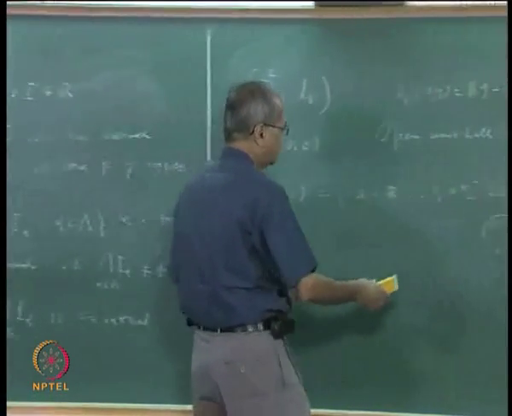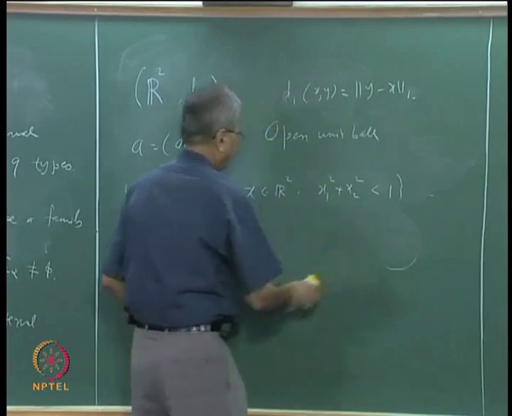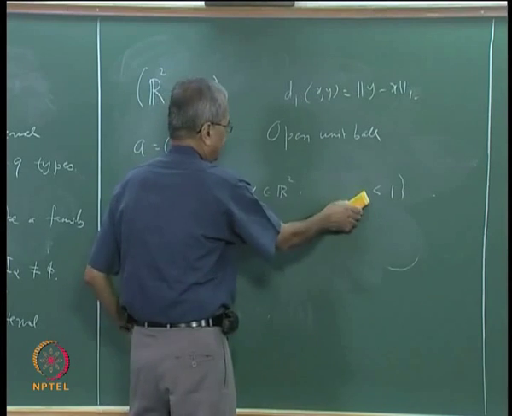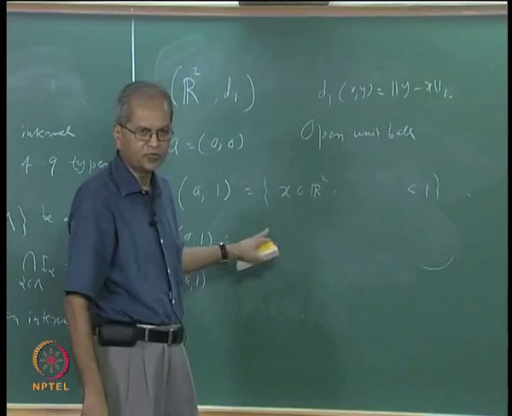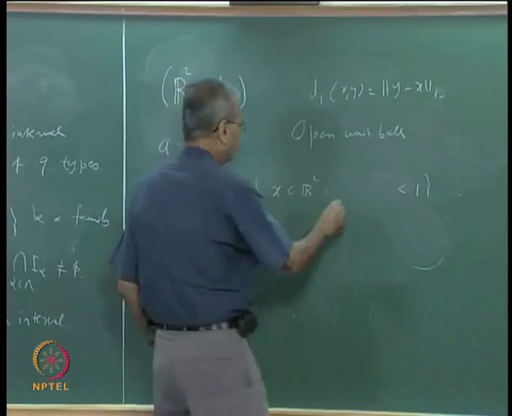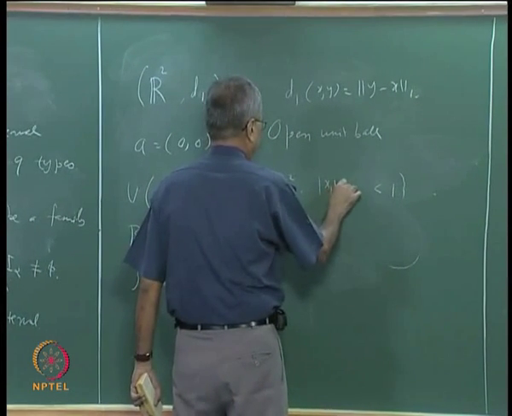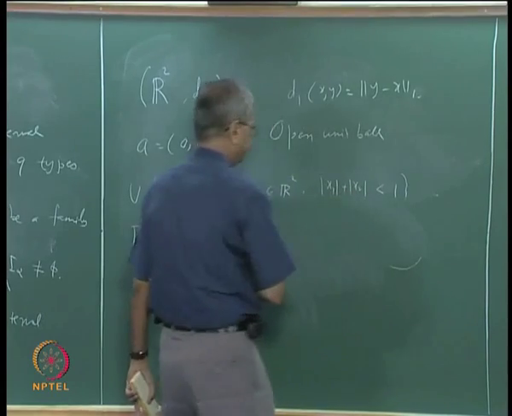So suppose now I look at U(A,1). It will not be what we had before, because this is a different distance. It is mod x1 minus 0, which is the same as mod x1, so it will be mod x1 plus mod x2 less than 1.